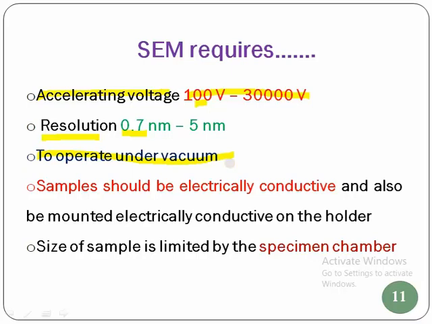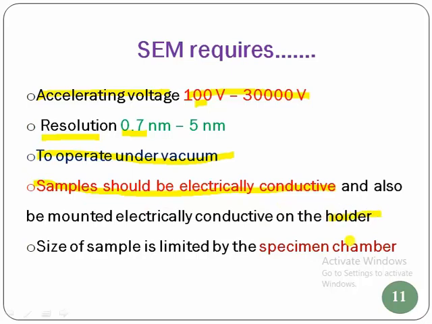And the sample should be electrically conductive. Whatever sample we use should be electrically conductive. For example, you can use samples like gold, silver, aluminium, but it's not possible all the time. So you can also apply a holder.